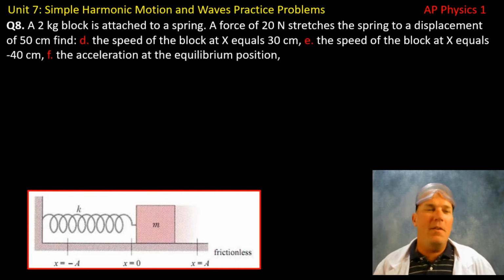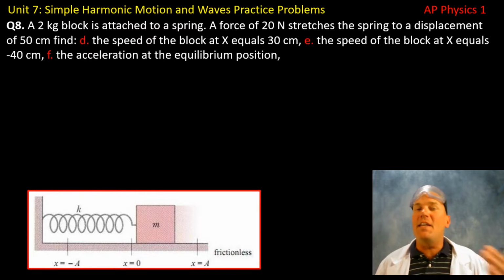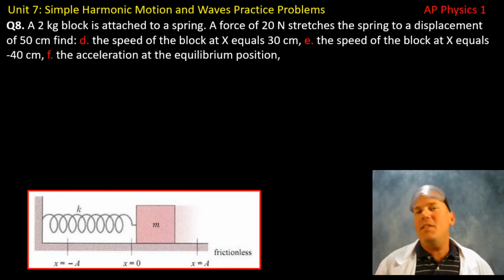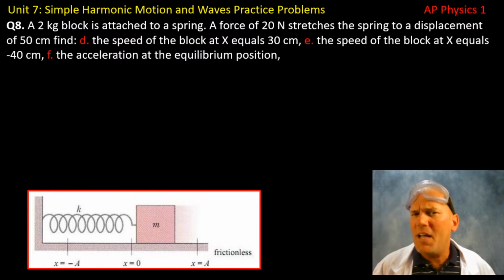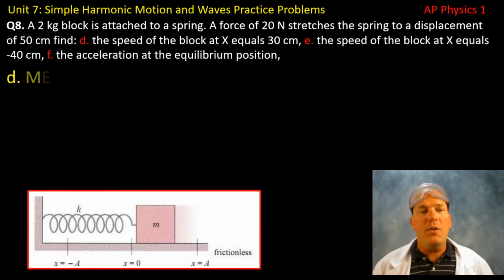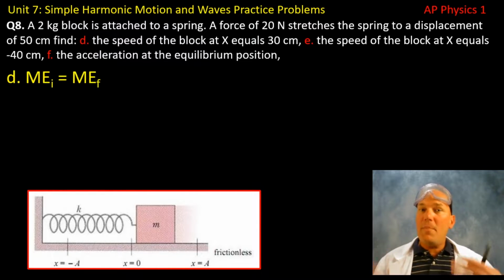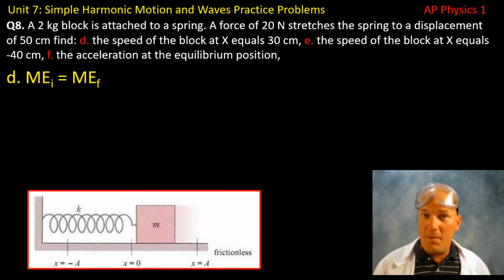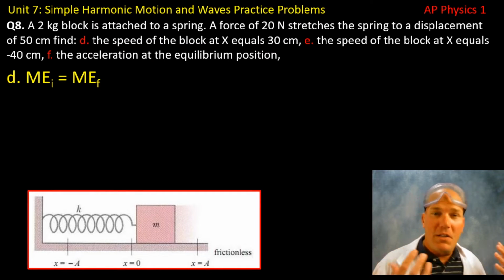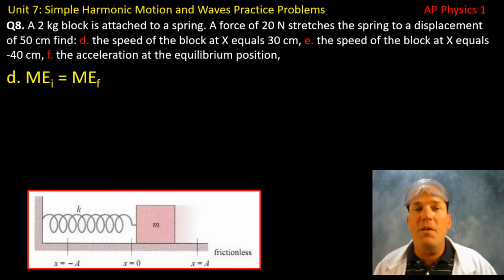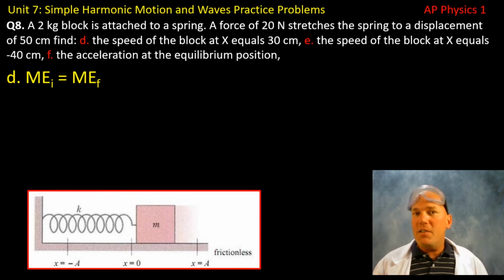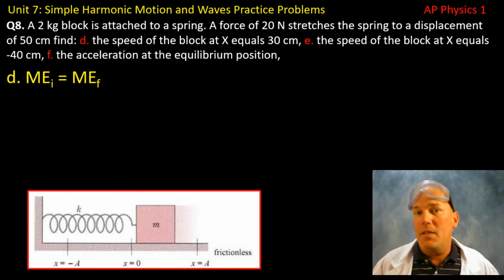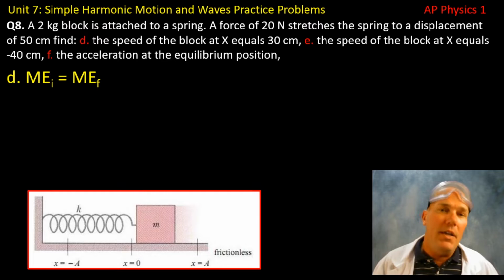Let's look at some other fun parts of this question, D, E, and F. So in E, it says, what is the speed of the block at x equals 30 centimeters? So let's look at our mechanical energies that are in play here. And we want to set our initial equal to our final. So we have kinetic energy, and we have the spring energy.